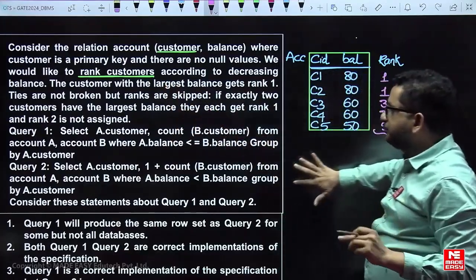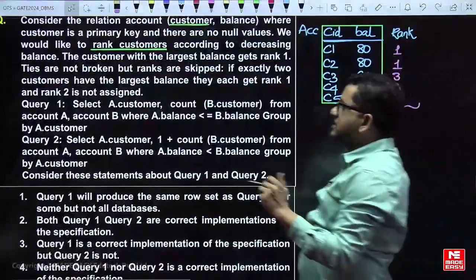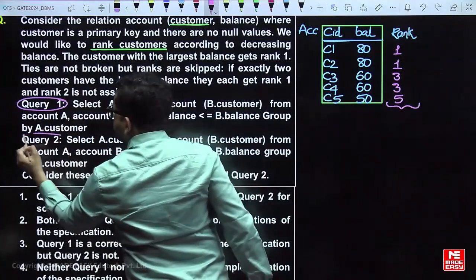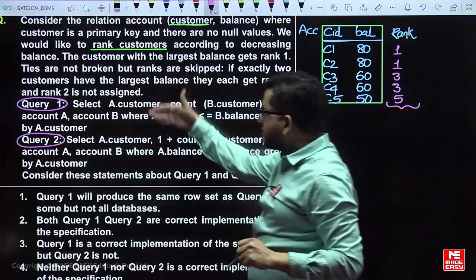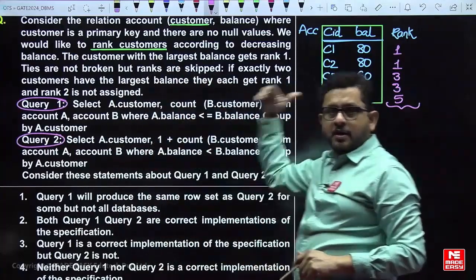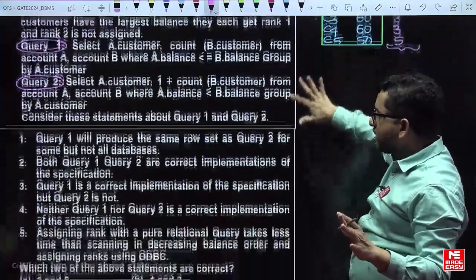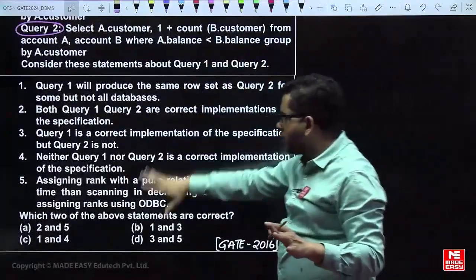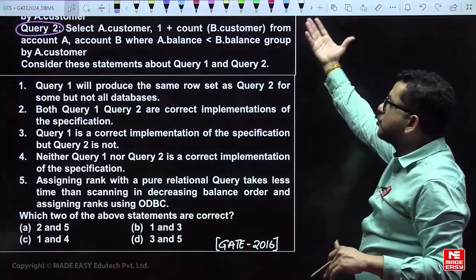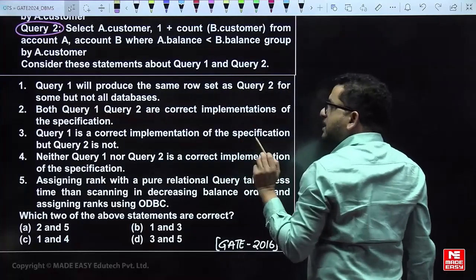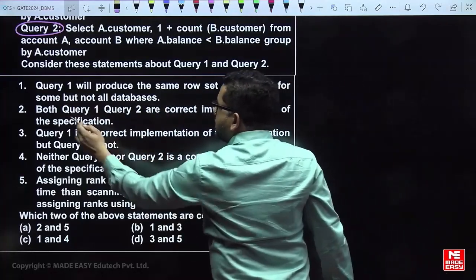Now, for this, he gave 2 queries: query 1 is given and query 2 is given, for assigning the ranks. Consider the following statements; he gave 5 statements, and out of those we must say which are true about those queries. First, query 1 and query 2 produce the same row set for some but not all databases.